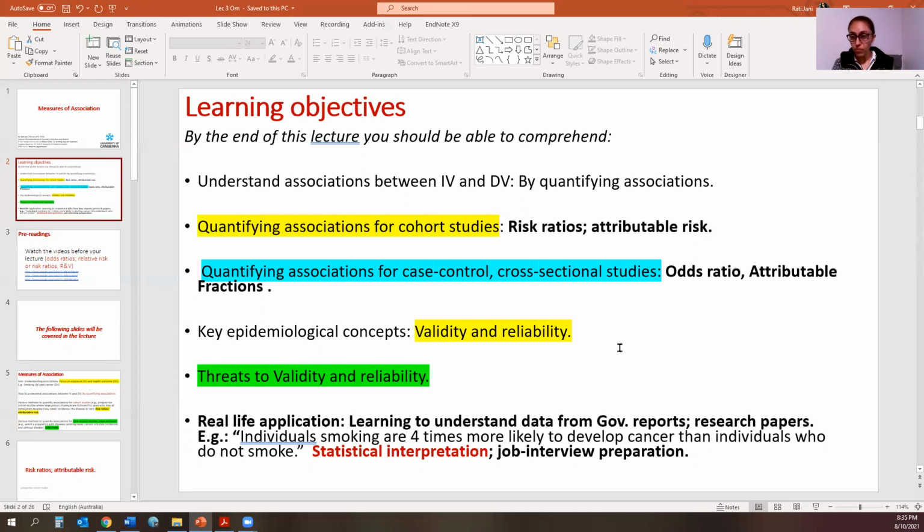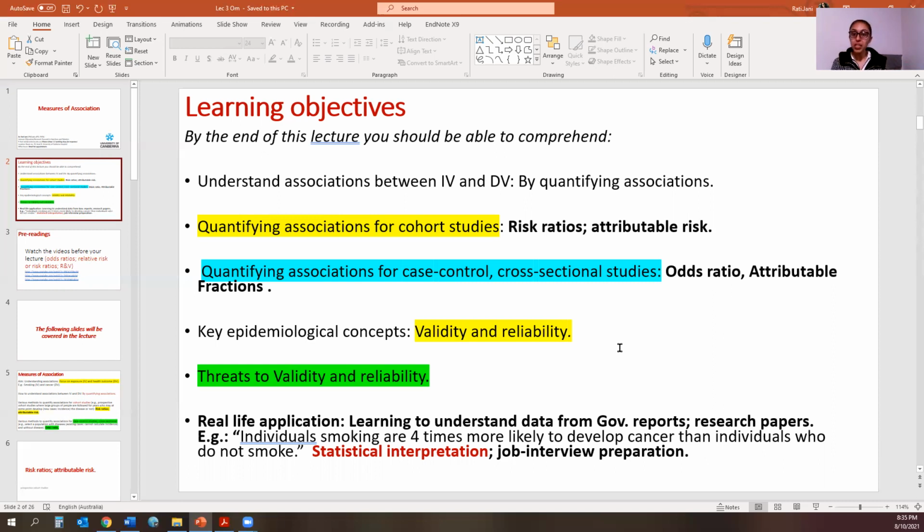But I have to emphasize that 99% of the papers that you come across, which are prospective cohort in nature, will be citing risk ratios, because risk ratio is the most common and the most important association that we use when we want to find links between our IV and DV in a prospective cohort study.